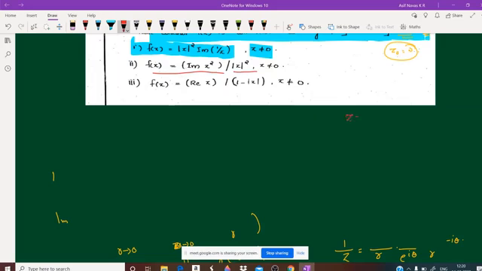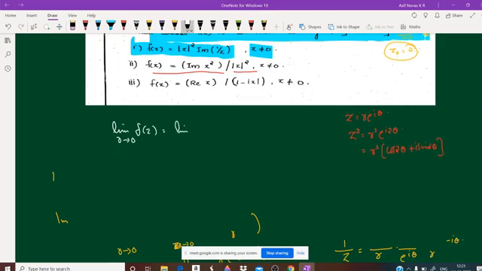First, we will take z equal to r e power I theta. Now z square is r square e power I theta whole square, which is e power 2 I theta, and this can be written as r square into cos 2 theta plus I sin 2 theta. Now we have to check whether limit r tends to 0 of f of z is equal to 0 or not.